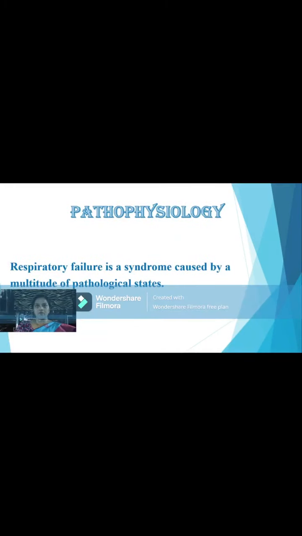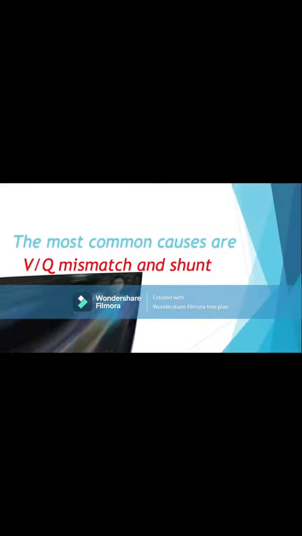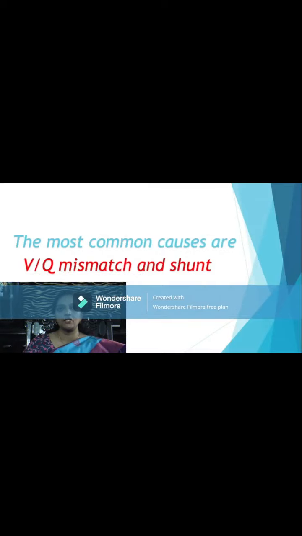In hypoxemic respiratory failure, 4 physiological mechanisms may cause hypoxemia and subsequent hypoxemic respiratory failure: mismatch between ventilation and perfusion, commonly referred to as V/Q mismatch, shunt, diffusion limitation, and alveolar hypoventilation. The most common causes are V/Q mismatch and shunt.